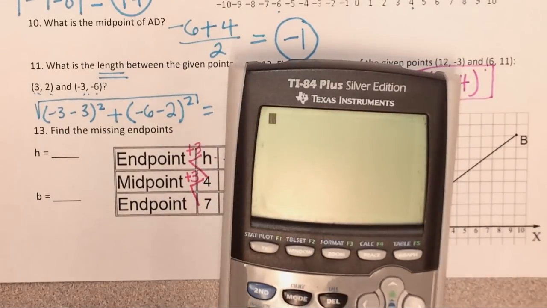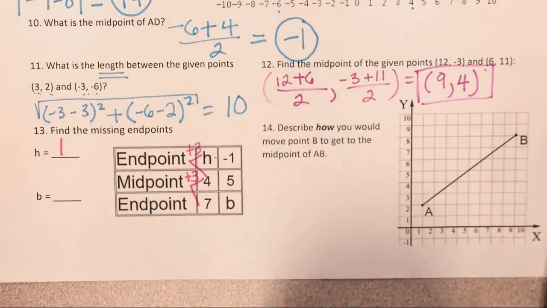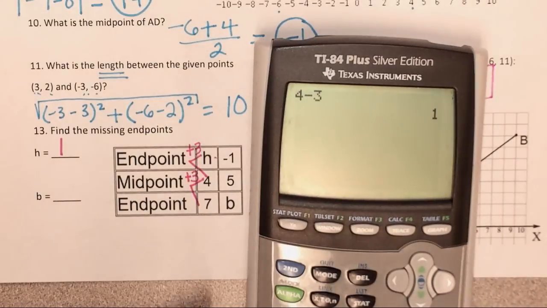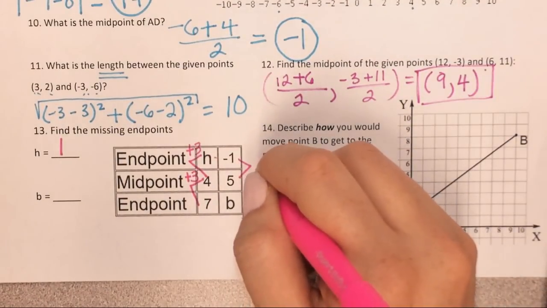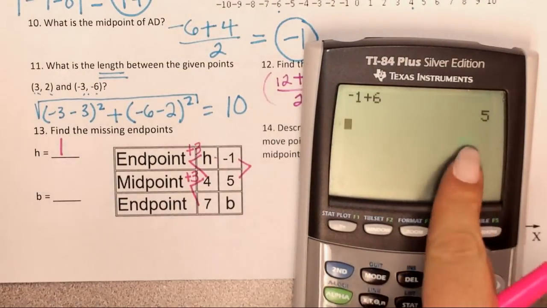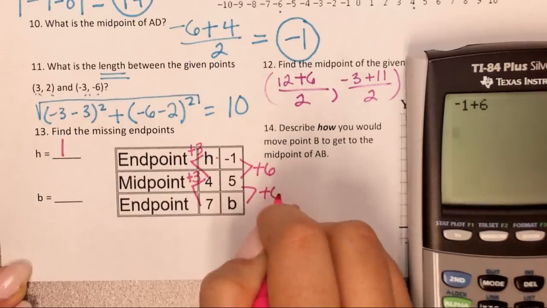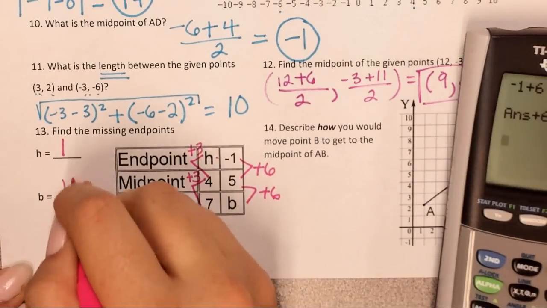So in other words, 4 minus 3 gives me 1. Okay. So 1 plus 3 gives me 4, and 4 plus 3 gives me 7. All right, from -1 to 5, we are adding 6. Okay, so I do that again. And that gives me that B is 11.